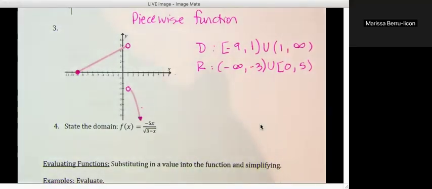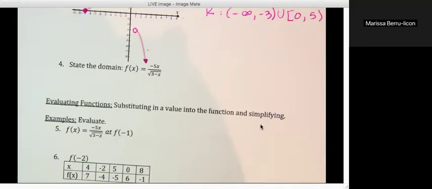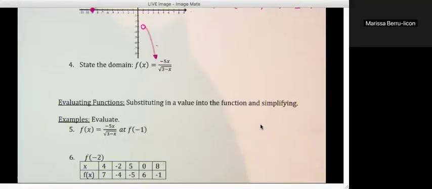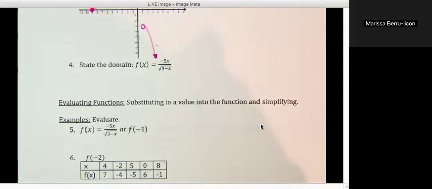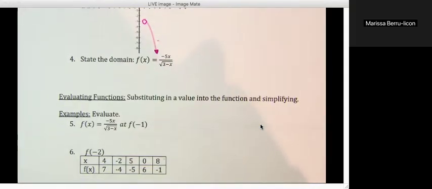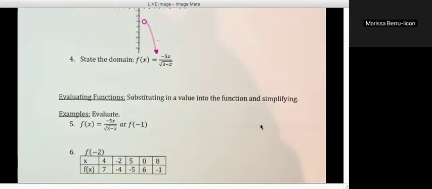Now, for the next example, we've seen a set of points, we've seen a graph, and now we're going to look at an equation. What we have here is a rational function where we have a square root in the denominator. When I'm thinking about writing my domain, I need to think about everything that would make my function undefined. If we're looking at a rational function, I know my denominator can't equal 0.